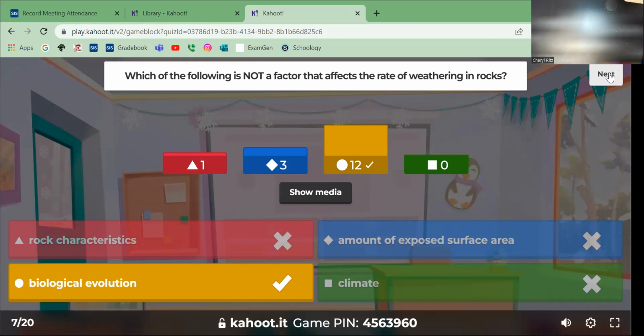The amount of exposed surface, remember we talked about this a bunch. When a rock gets broken, it has more exposed surfaces, then it will weather faster, just like sucking on a sucker. If you have a whole sucker, it's gonna take a long time to dissolve. A sucker that's crushed up into pieces will dissolve faster in your mouth. What are the characteristics, like what it's made of? It's whether it bubbles with acid, or its hardness, like made with calcite. Yep.